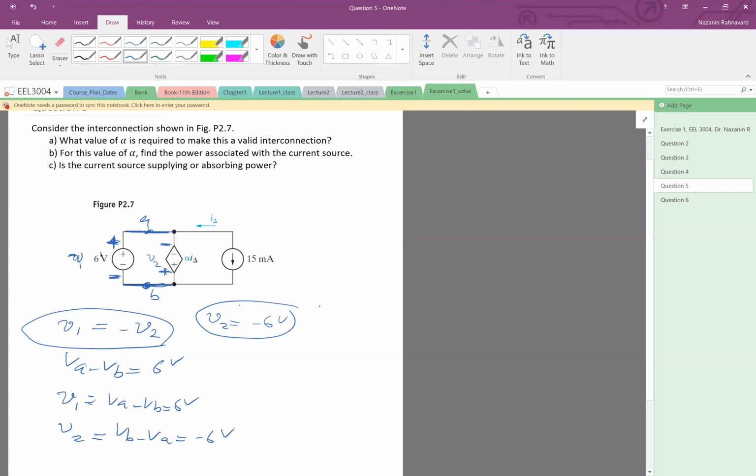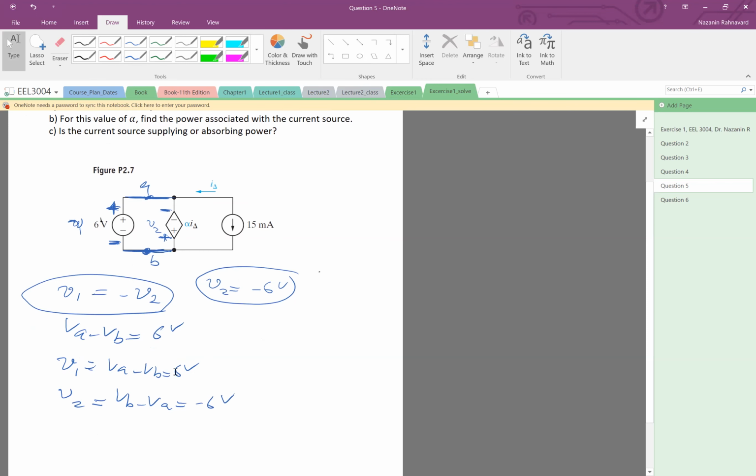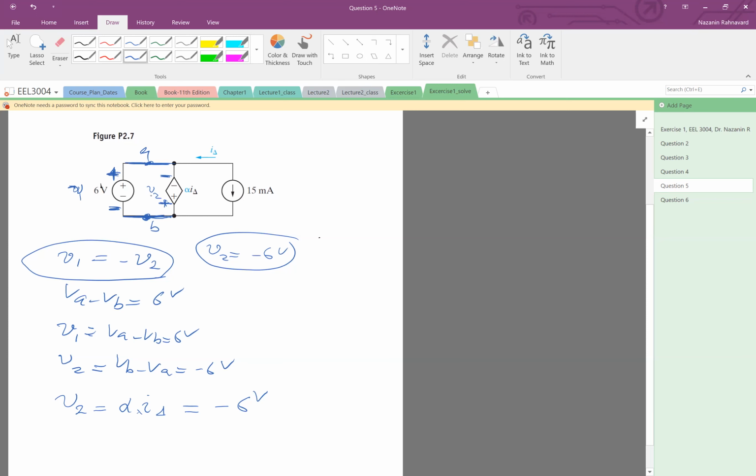That has to be equal to alpha times I delta. So that voltage V2 is equal to alpha times I delta, and has to be equal to negative 6 volts. So what is I delta?